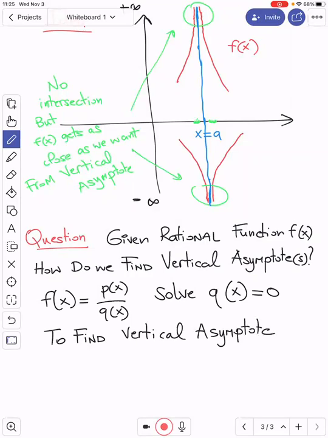So just solve the denominator equal to 0. All right, so that's how we find the vertical asymptote.